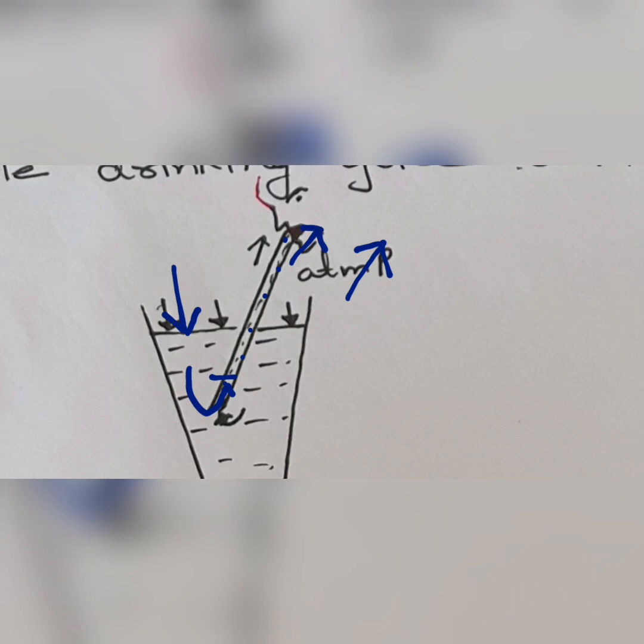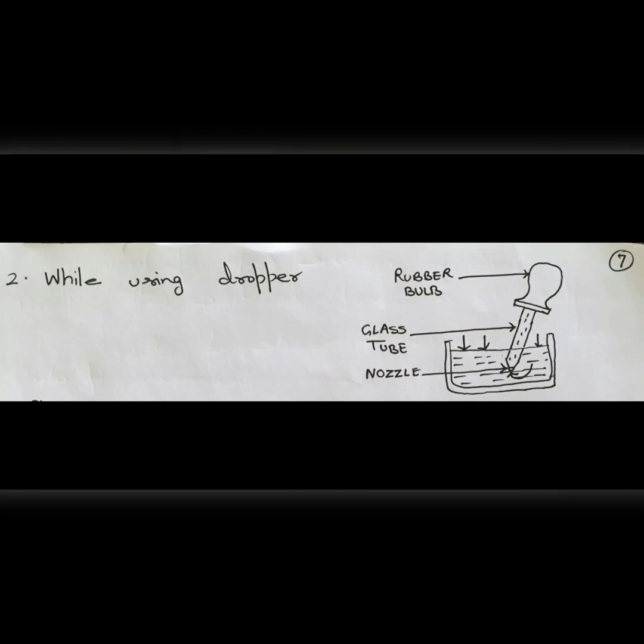And we get the soft drink into our mouth. Let's discuss another device, the dropper. This dropper is used to measure the drops of a liquid medicine. In this device there is a glass tube. On one end of this glass tube a rubber bulb is there, on the other end a nozzle is there. To get the medicine into this dropper, we press this bulb from both sides.